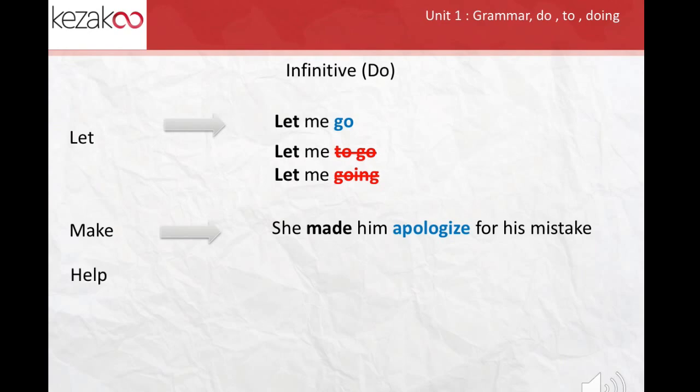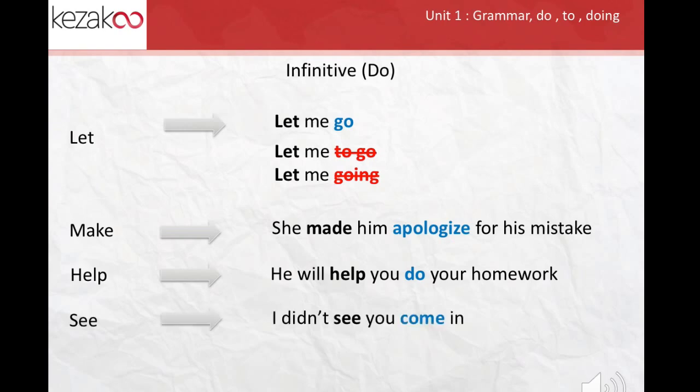Help. We will help you do your homework. Once again, when we have help followed by a verb, it should only have the form of do. See. I didn't see you come in. Can. They can stay.